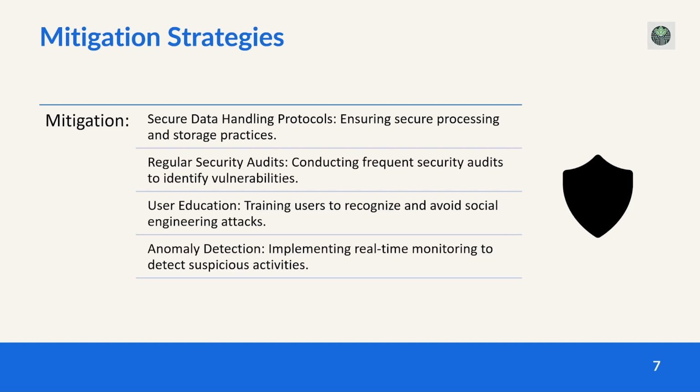Education of users is another crucial step. Employees should be trained to recognize phishing attempts, social engineering tactics, and many other interactions that they might have with malicious actors. And then lastly, real-time anomaly detection systems can help spot unusual activities such as abnormal access patterns and stop attacks before significant damage occurs.